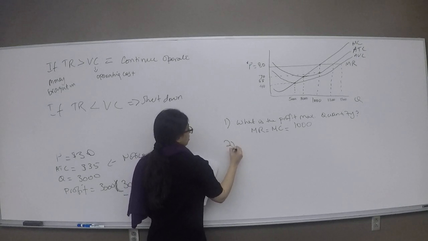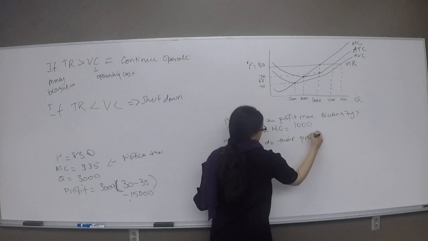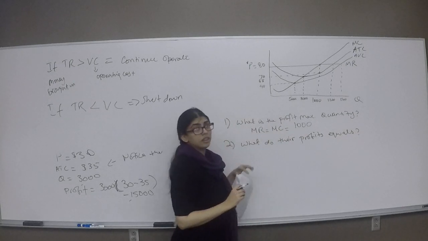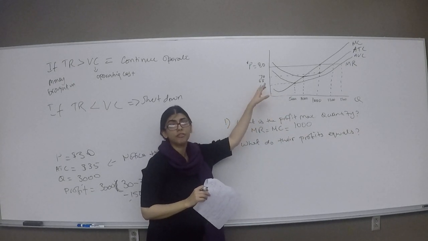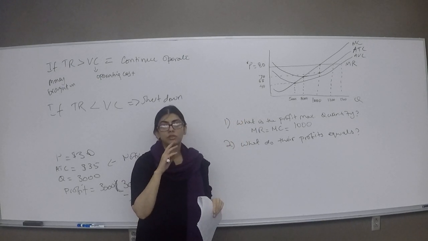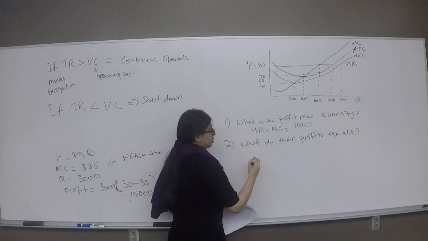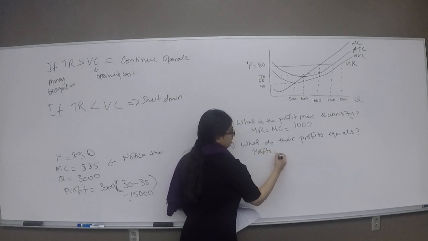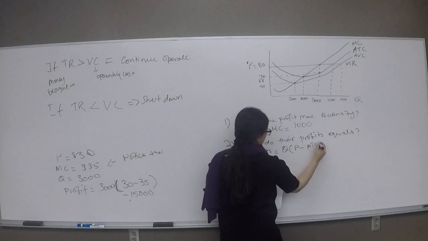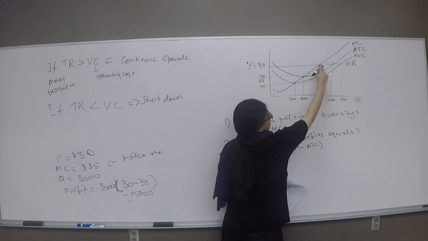What do their profits equal? When you're given a graph like this, you have to use the rectangular formula to find the profit. It's not just total revenue minus total cost. Profit equals quantity times price minus average total cost. Quantity is the profit maximizing quantity, 1,000.